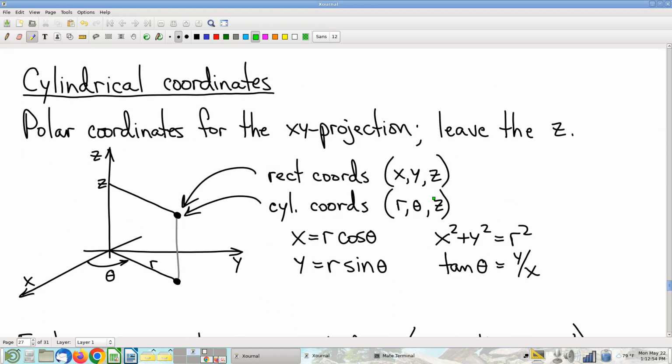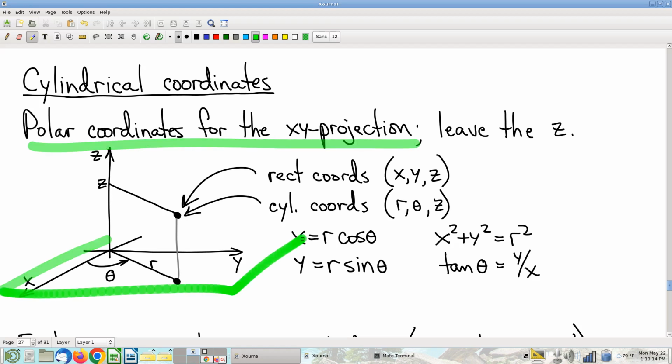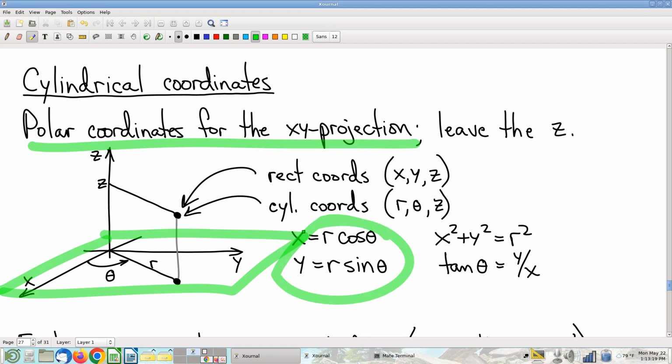Cylindrical coordinates is the first one to talk about. It is regularly referred to as polar coordinates in 3 space or 3-dimensional polar coordinates, and I kind of support that in a way. It's literally polar coordinates for the XY projection. It's just X and Y, or r cosine theta, r sine theta, and all this is regular polar coordinates for the projection of the point you're interested in down into the XY plane.